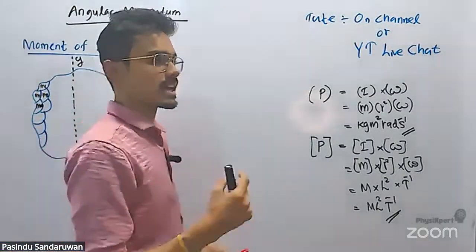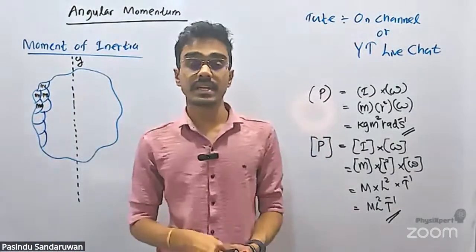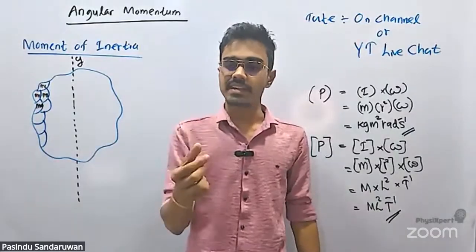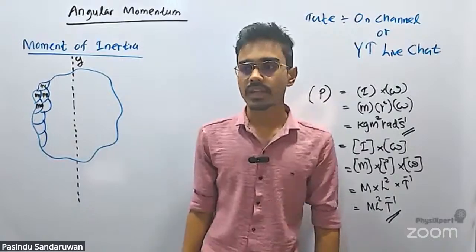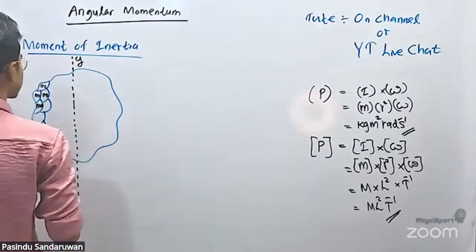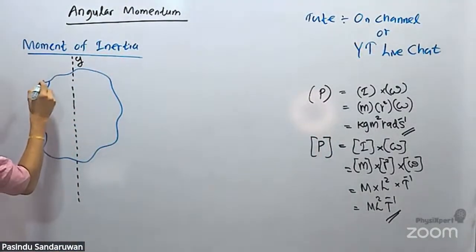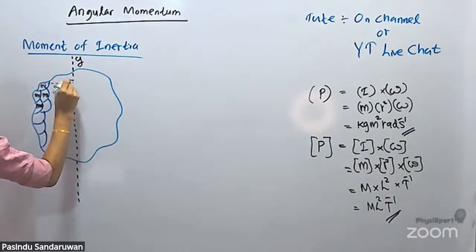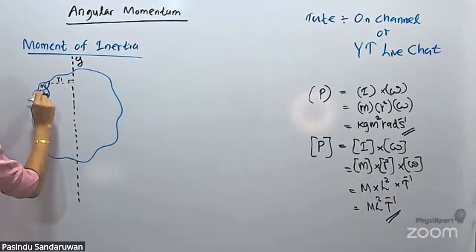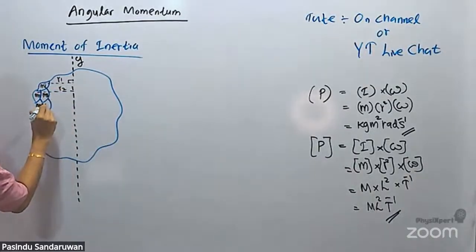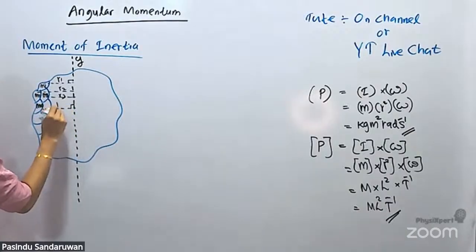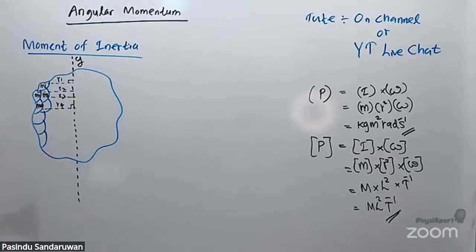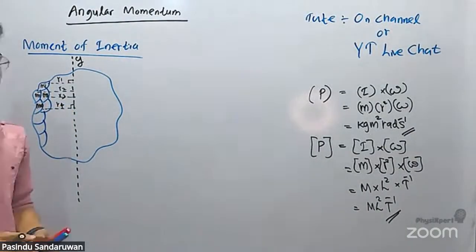Tiny particles. When we consider a particle, the center of mass of the particle is also at that same point itself. Let's consider the perpendicular distances to each as r1, r2, r3, r4, and so on.